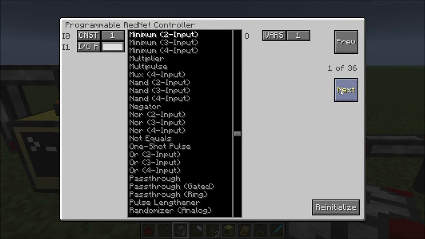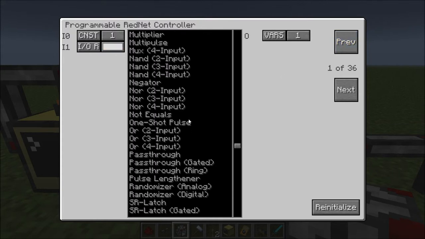So if we take our first 4 colours on the cable, which is white, orange, purple and blue, whatever that colour is, white's the smallest number, so we apply a constant value of 1, 2 for orange, 4 for the purple, and 8 for the blue. Now what we've used here are minimum gates.